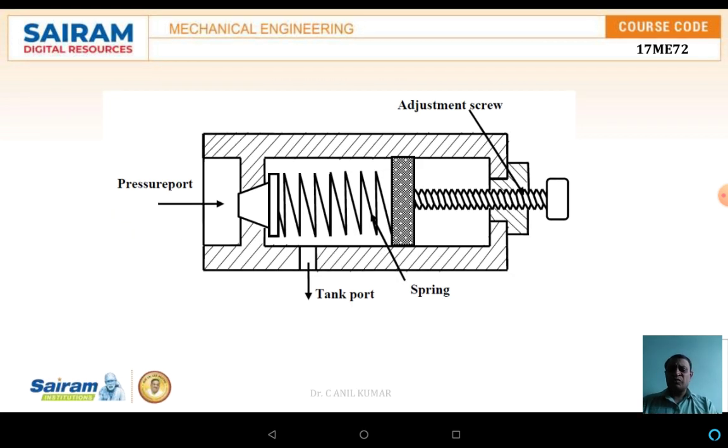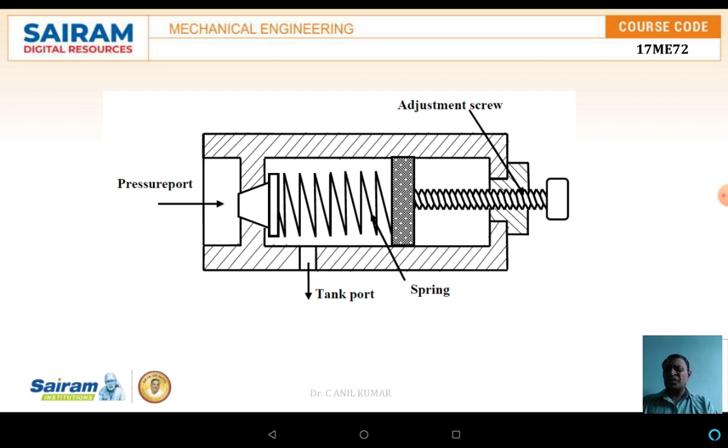The schematic diagram shows the simple pressure relief valve. The left part is the pressure port, and the right part is the adjustable screw where the spring pressure is applied over the poppet. Once the pressure reaches the maximum, the pressure pushes the poppet against the spring pressure, and the fluid flows into the tank port.